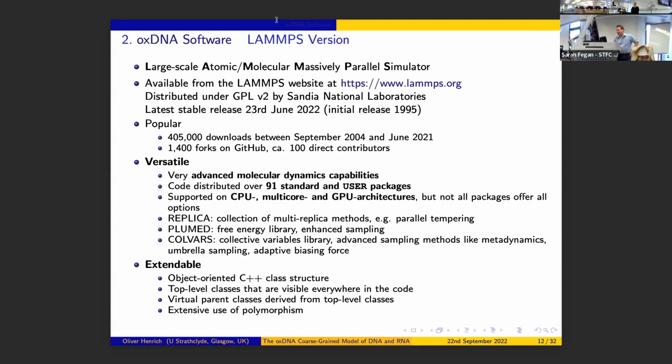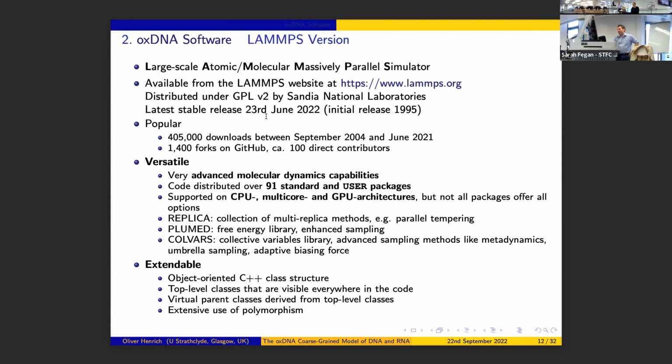But then it went public, and there are so many people that use LAMMPS now, and I think this is the main use now. The advantage is there's really an infrastructure behind it with these US national labs, which is really helpful. It's very popular.